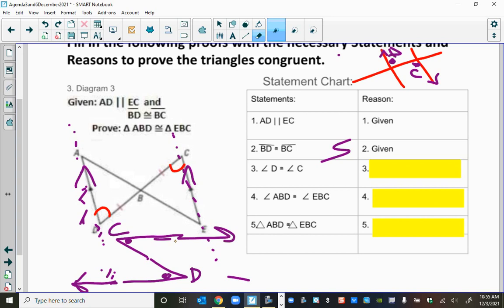Okay, that's going to be a rare case. This one was a little hard. That's why I wanted everybody to look at this together. But that's the reason why these two are going to be congruent. That's going to be an alternate interior. So I should have said, now, this is the one where actually we should have been careful.